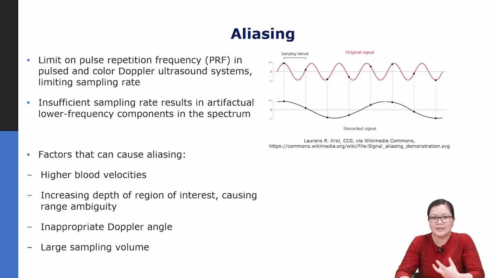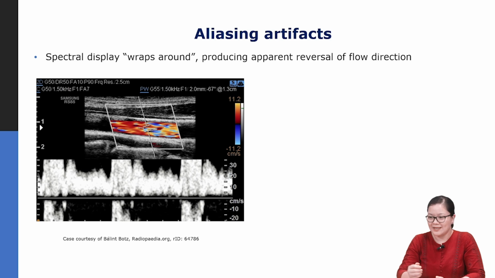So one should keep in mind the aliasing phenomenon, and we'll discuss a way to remove or eliminate it. This is an example of an aliasing artifact, where I show a color Doppler image, and below is the spectral Doppler.